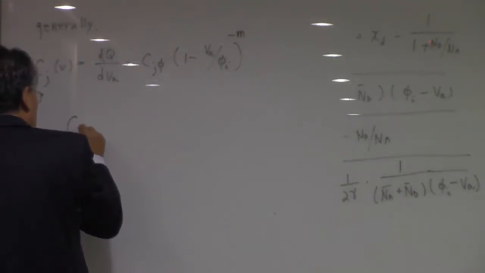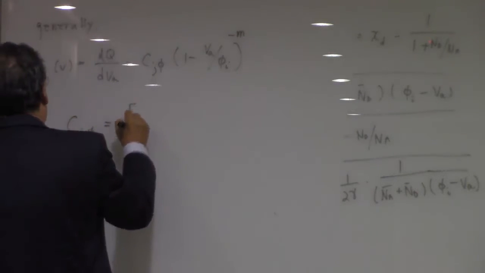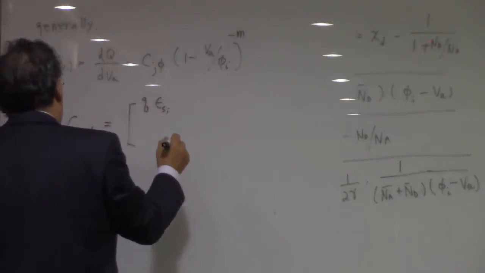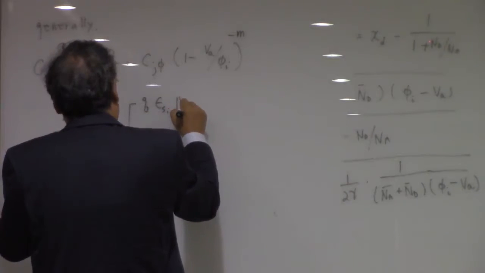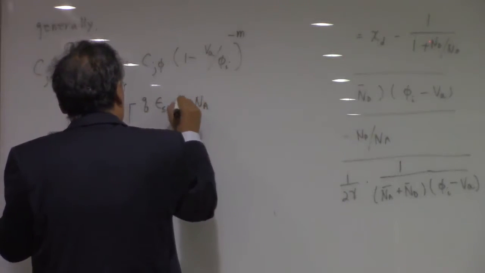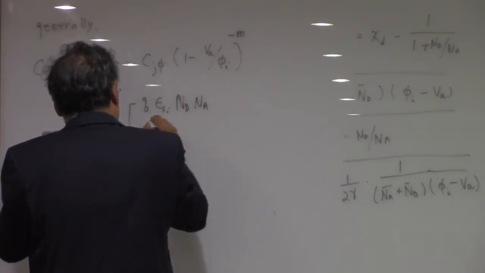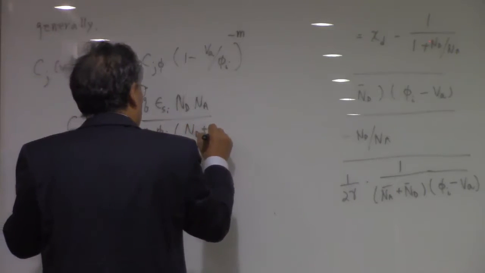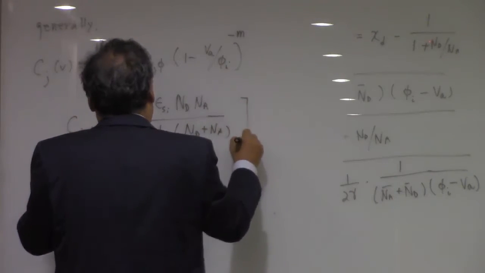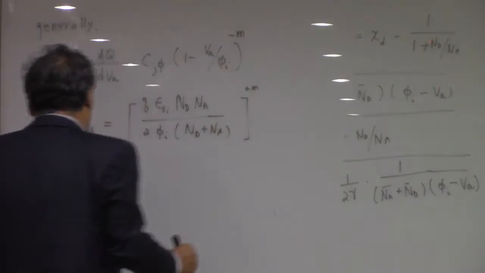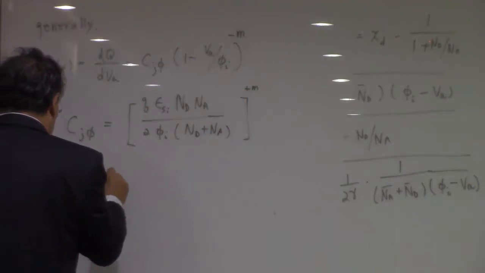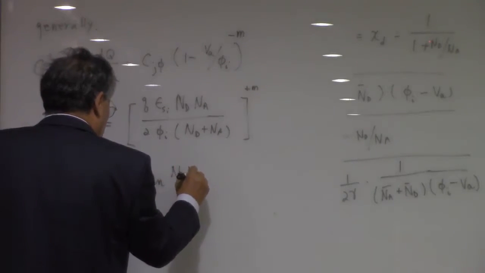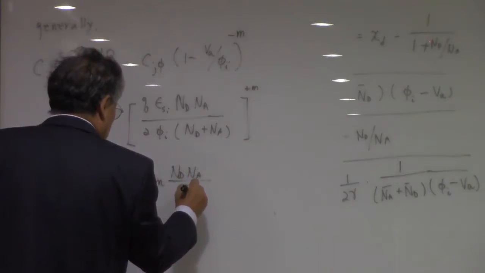And Cj0 is the square root of q epsilon_silicon Nd Na over 2 phi_i, the built-in potential, times (Nd plus Na), and then the exponent m. And phi_i, the built-in potential, is going to be Vt ln(Nd Na over Ni squared).